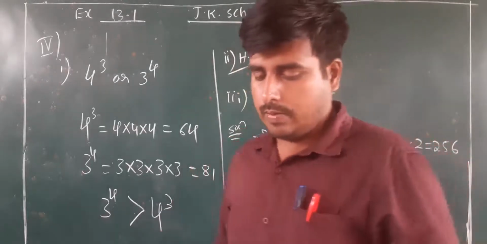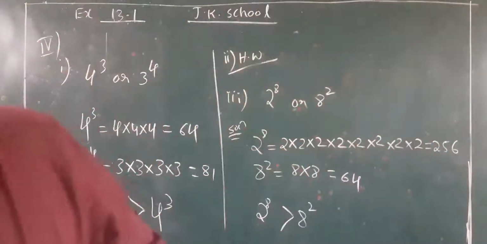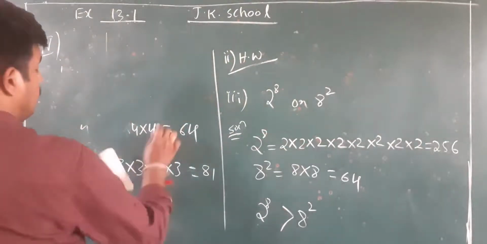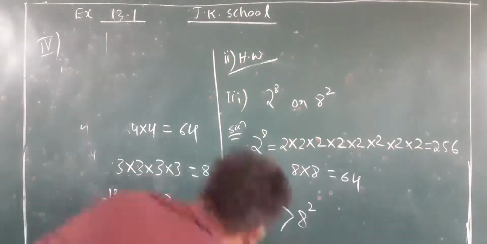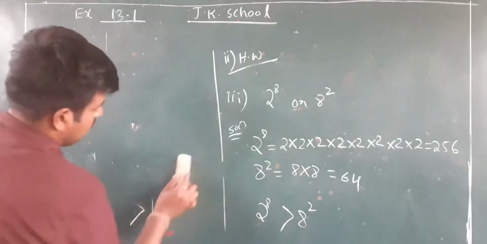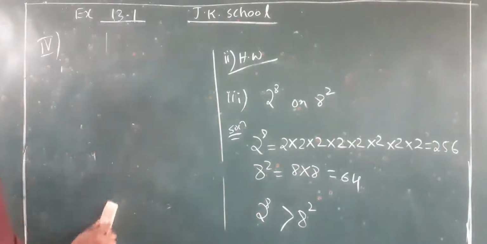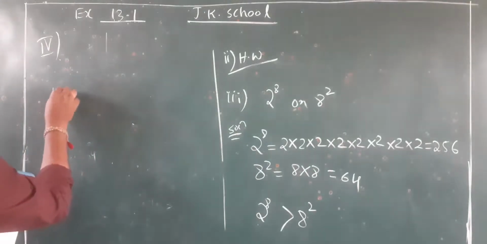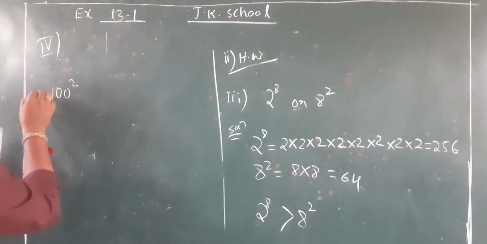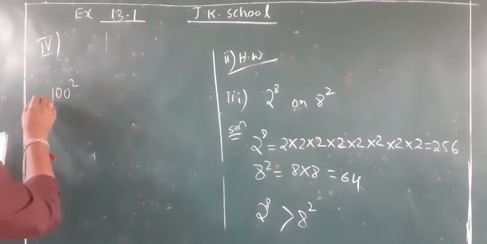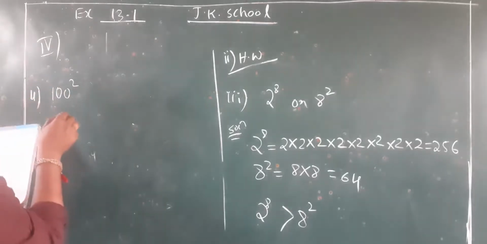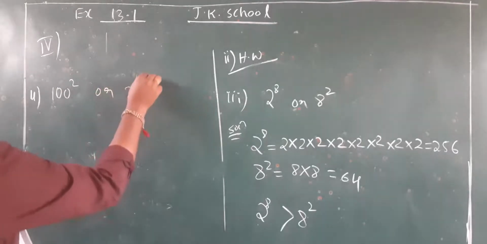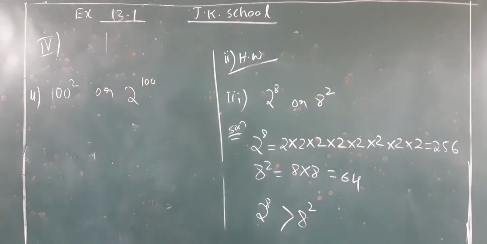So by keeping this in mind, you can easily solve the fourth question: 100 square or 2 raised to 100.